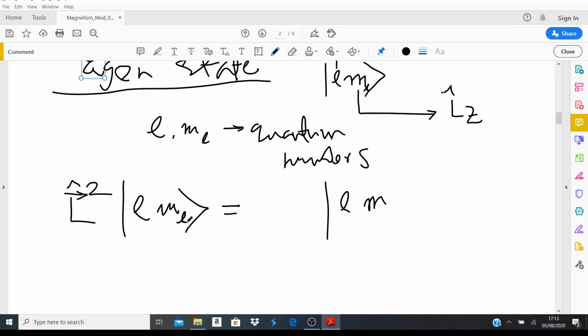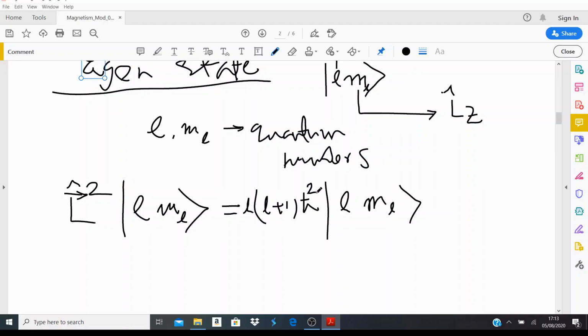Because that's an eigenstate of the operator. When it hits the state, it will give you the same state for sure. But we will have some eigenvalues in front of the state. And let me give you the eigenvalue here. And this is L, which is the L quantum number, L into L plus 1 times h bar square.